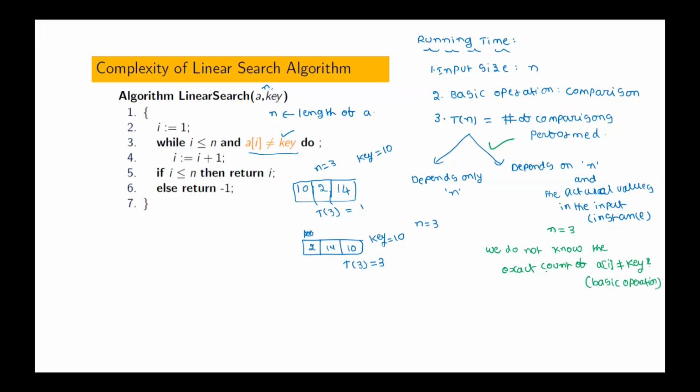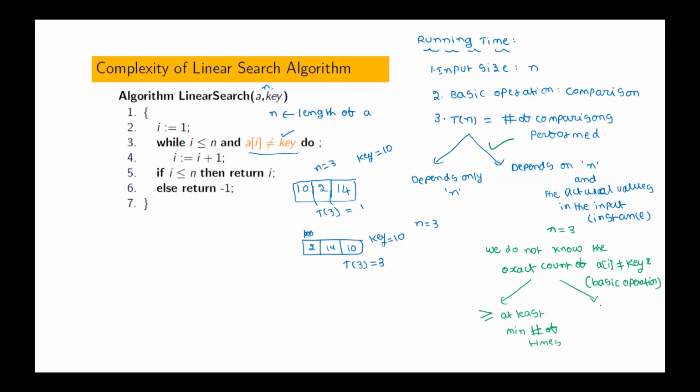So in that case, what are the options we have? We can probably tell the minimum number and maximum number. We can say it is repeated at least this many times. That is the minimum number of times it is performed when n is input size.